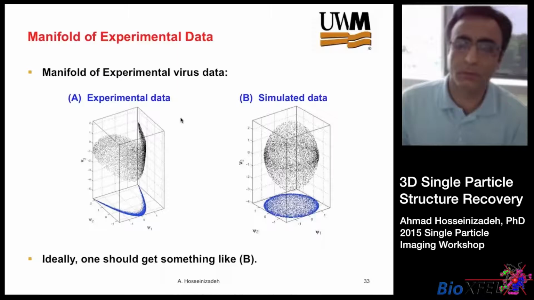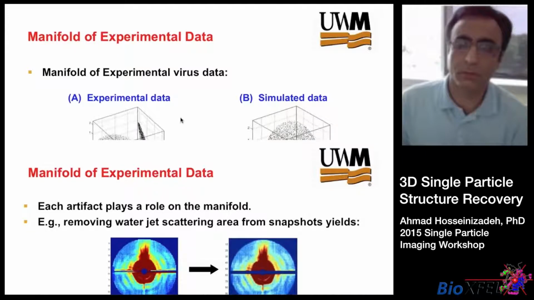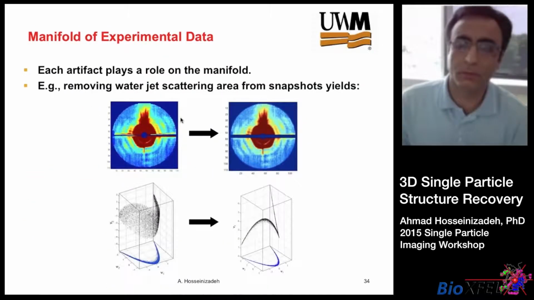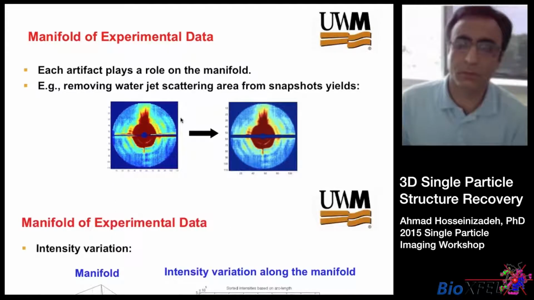For instance, if I remove the area of the water jet, and apply a logic gap here, you can see the dimension of the manifold just collapses to 1D. The whole manifold collapses to a 1D manifold. It will be a kind of row. But still, it's just a parabola. For simplicity, we use this one because it is easier for sorting data.